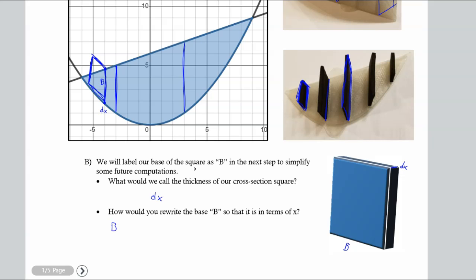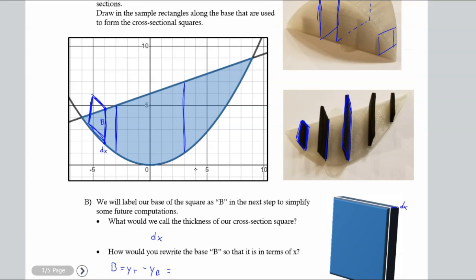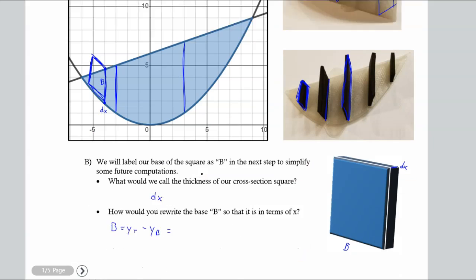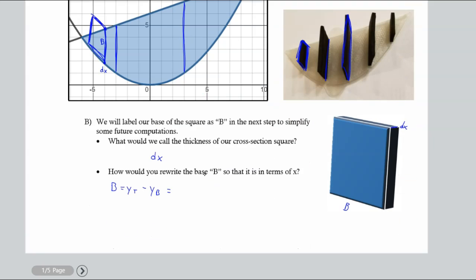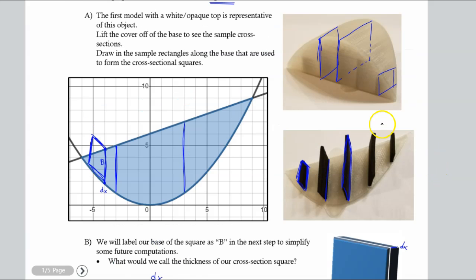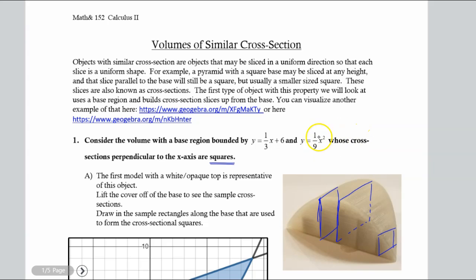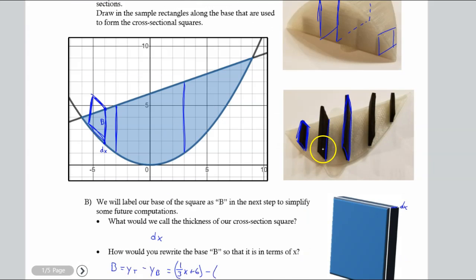So in this case, let's say the top minus the y on the bottom. The top is that line, which was 1/3 x plus 6, and then minus that y on the bottom, which is the parabola, 1/9 x squared. What's that, guys?